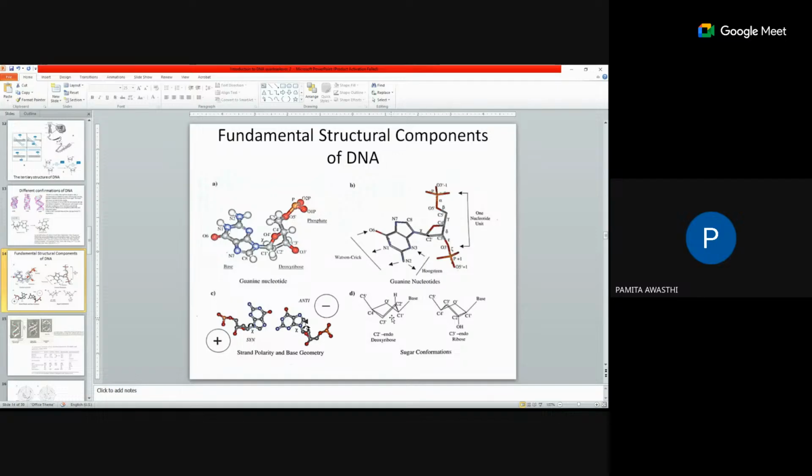Or we can say C2 prime exo, or C3 prime exo, so according to this we can write the conformation. So C2 prime endo and C3 prime endo conformations are the most important conformations observed in DNA as well as RNA.